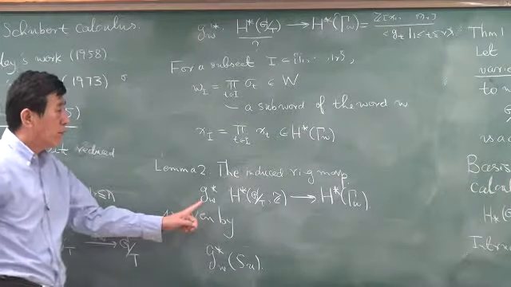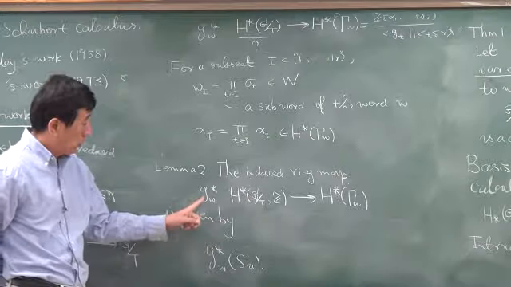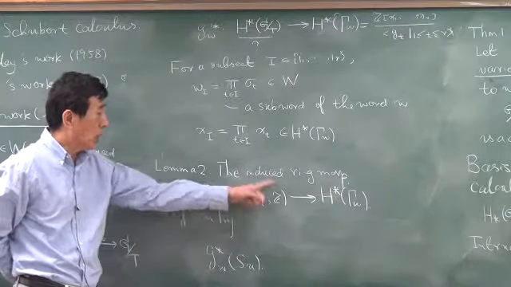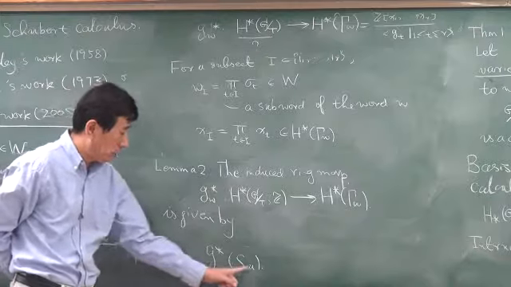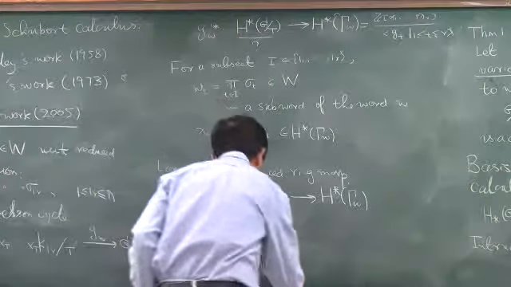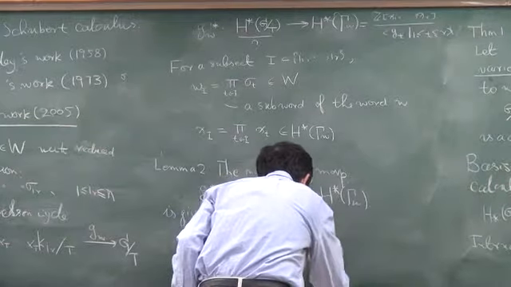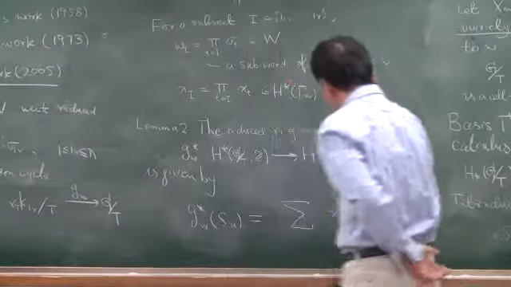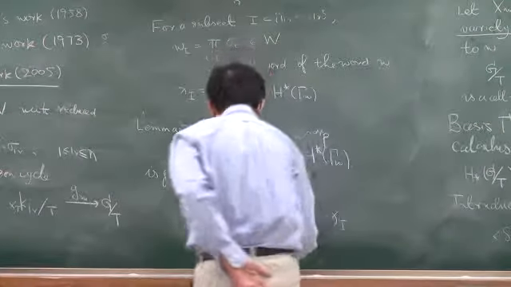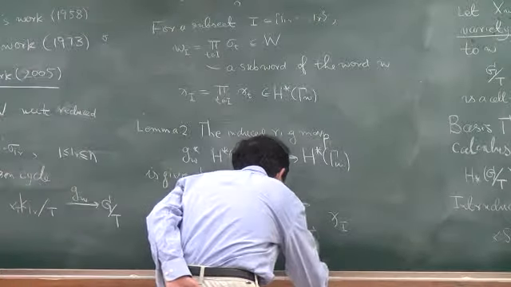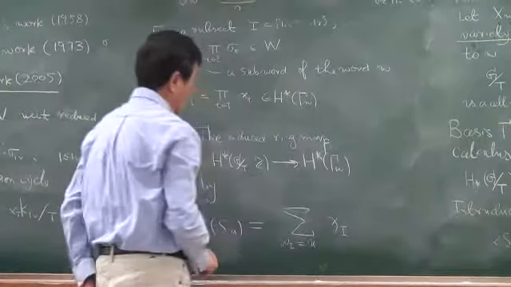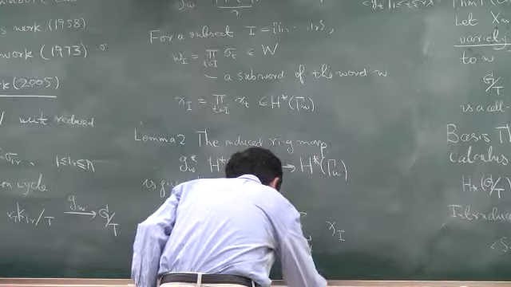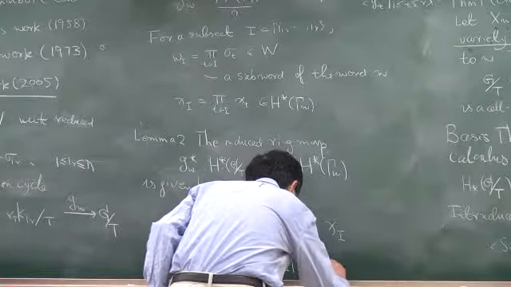To specify this map, I need only to look at the action of this on Schubert classes, which is sufficient because Schubert classes are the basis for this. So I just look at what happens to this basis element. Then the result is the sum of these monomials where the subset satisfies the property that the product equals u, and the cardinality of the set is equal to the length of this Weyl group element.